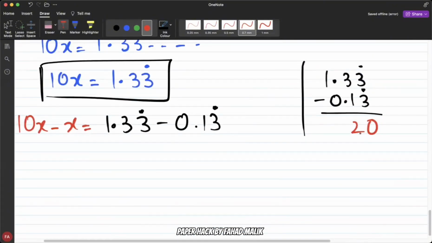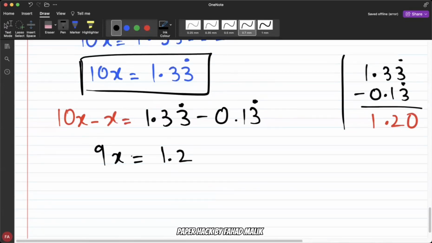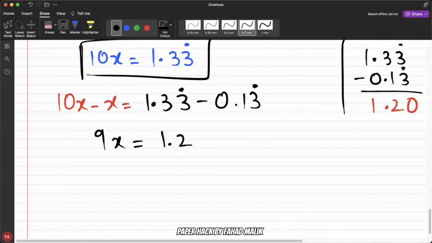3 minus 1, that's going to be 2. 1 minus 0, that's going to be 1. That means I'm left with 1.2 on this side. And on the left side, 10x minus x gives you 9x. Now, I can easily divide this by 9 on both sides. But the key over here is to write down the answer as a fraction.